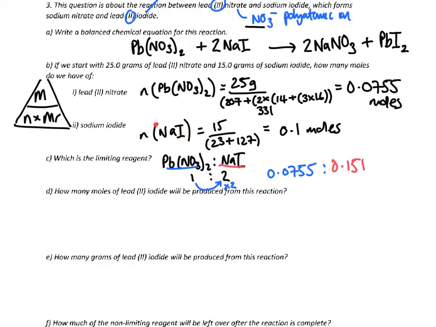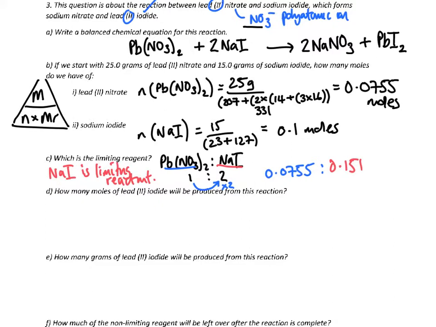Well, if we look up here, we worked out from the number of moles of sodium iodide in 15 grams, we've only got 0.1 moles. We need 0.151, so our actual is less. So we know that NaI is the limiting reagent or reactant. And so lead nitrate must be the excess reactant.